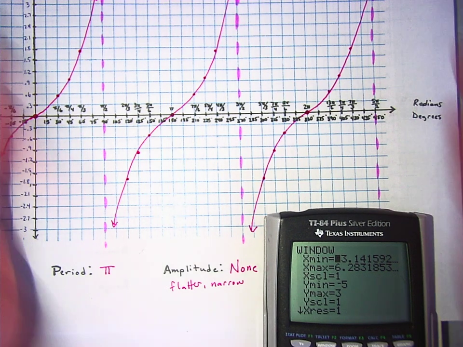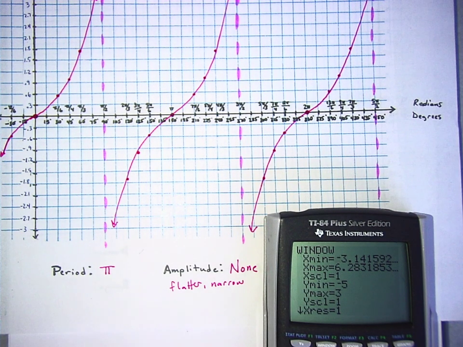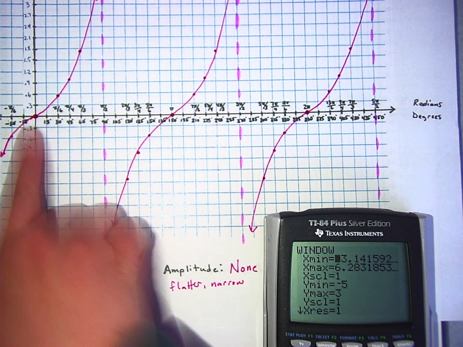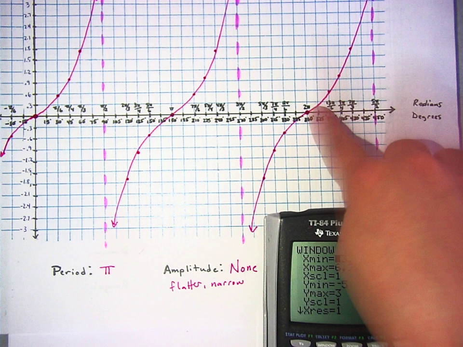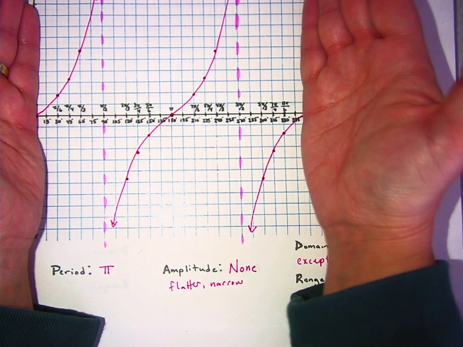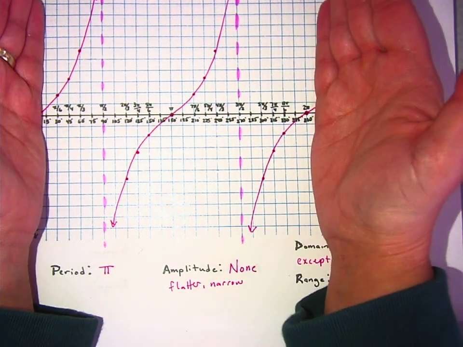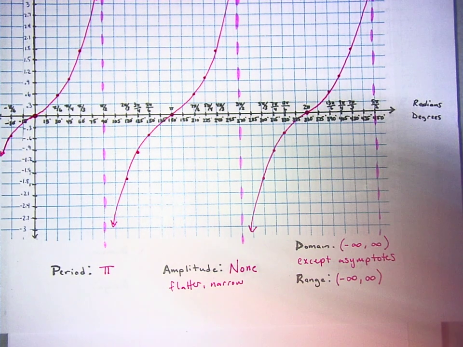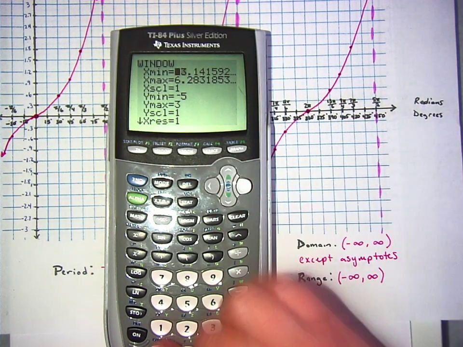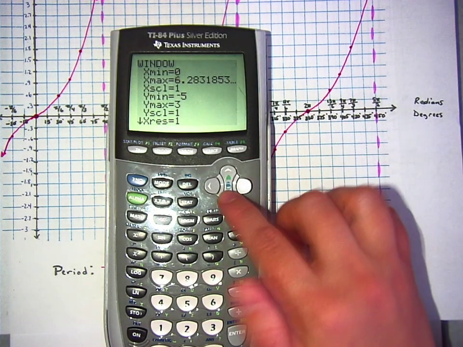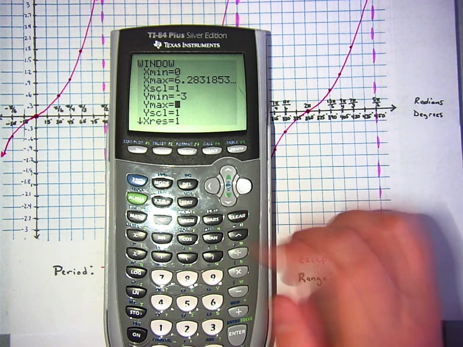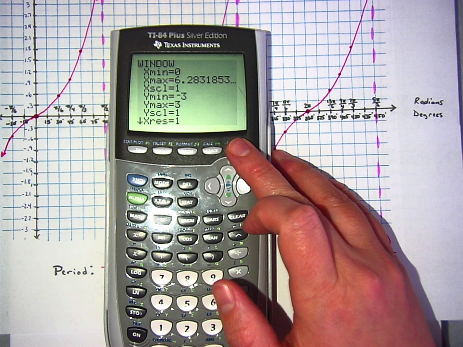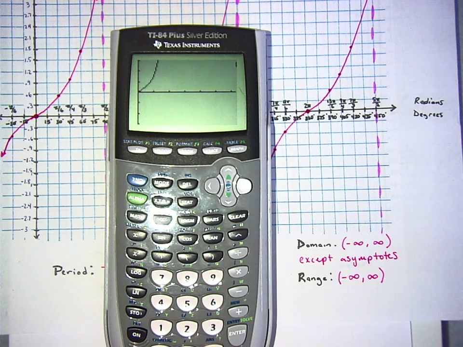So where should we start? 0, okay. And where are we going to go to? 2 pi. If we go to 2 pi, we'll see this much. So that's what our graph should look like. Everybody okay with this? So we're going to go from 0 to 2 pi, which is 6.28. Y minimum, let's go with -3 to 3, just like our graph shows. Make sure you're in radians.